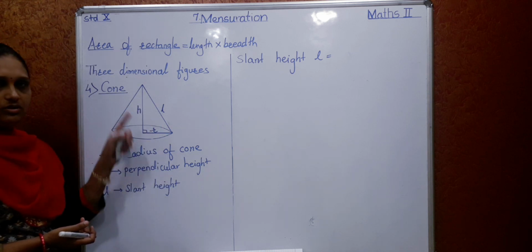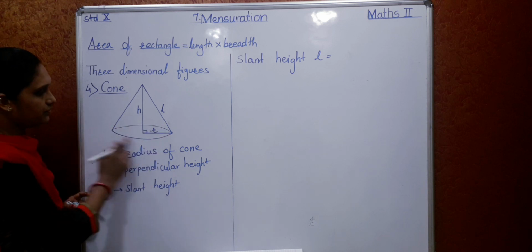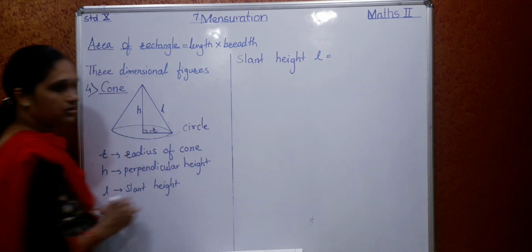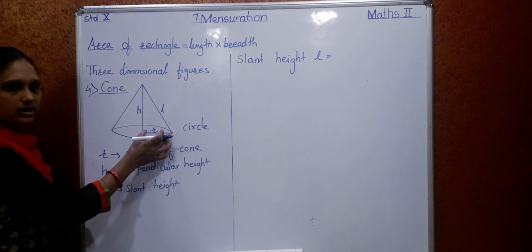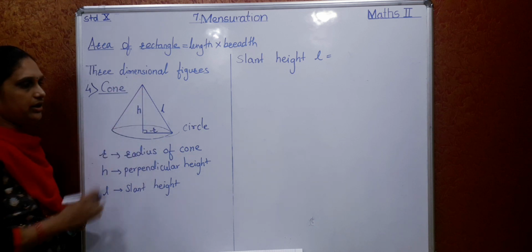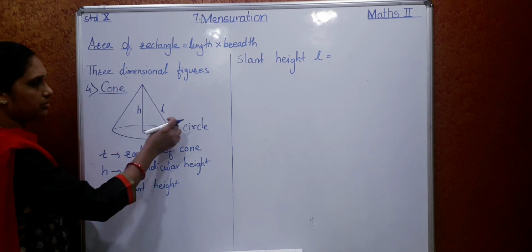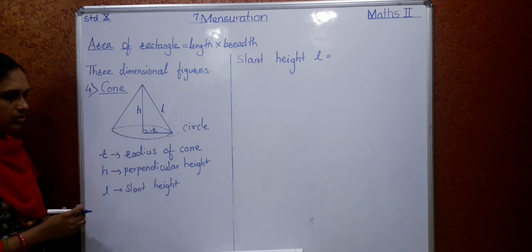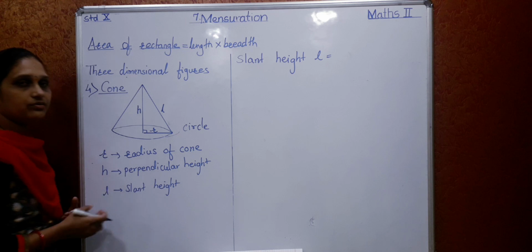In the cone, the base of the cone is a circle. So we'll consider R as the radius of the circle. H is the perpendicular height, and the new term here is L. L is the slant height of the cone.